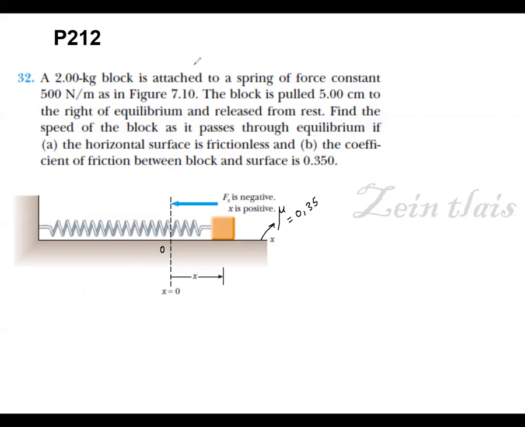Here we use the same calculation, but we have a resistance F because the motion is to the left with Fs, and here we have position 1, position 0, and we have to find VO.